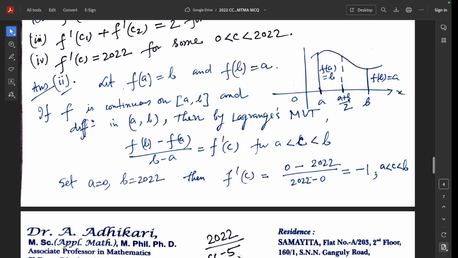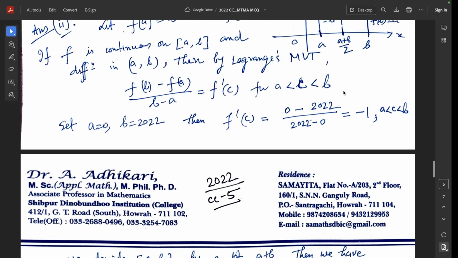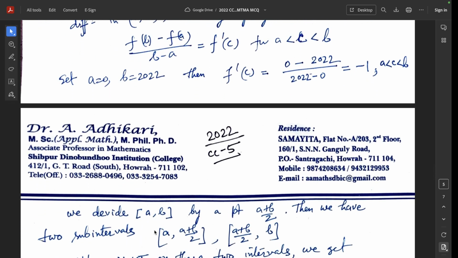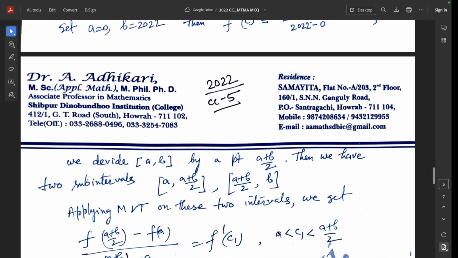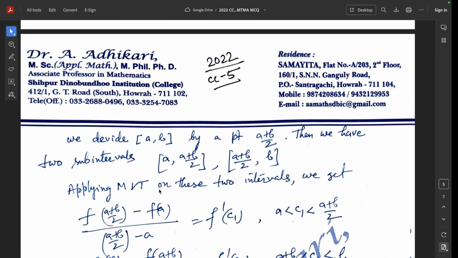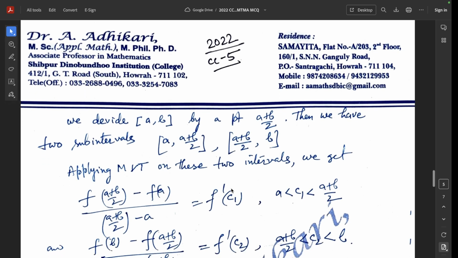Now we divide the closed interval [a, b] by the point (a plus b) by 2, the midpoint of a and b. So [a, (a plus b) by 2] and [(a plus b) by 2, b]. Applying Lagrange's MVT on these two intervals, all conditions are satisfied within these two subintervals.